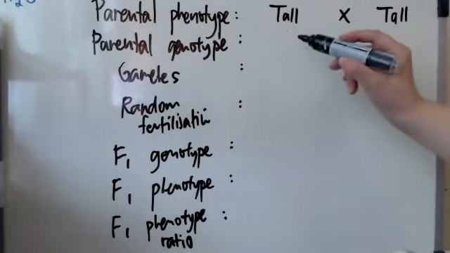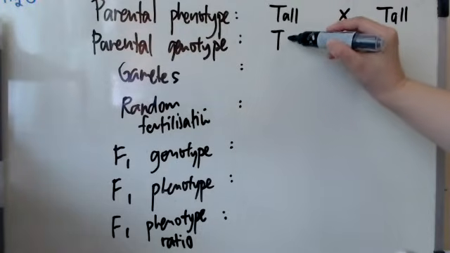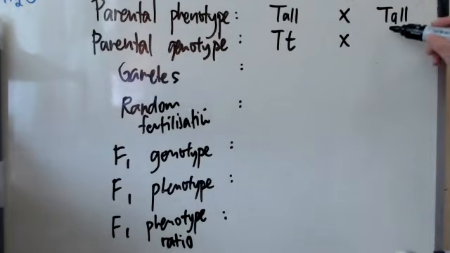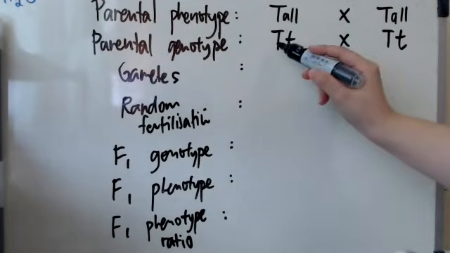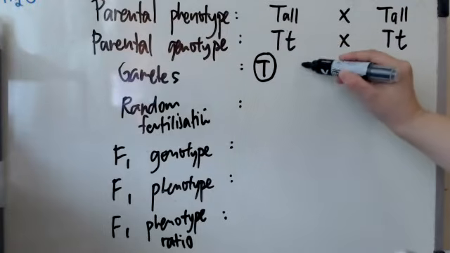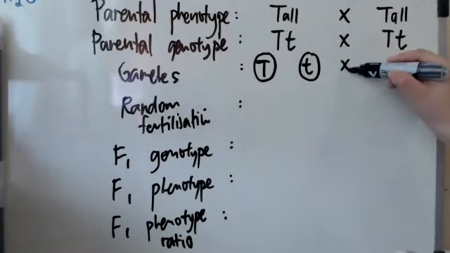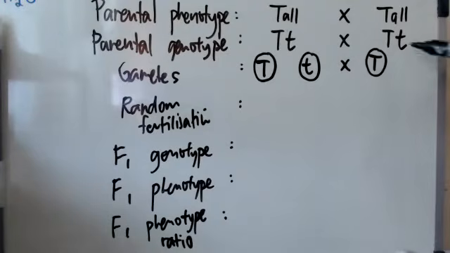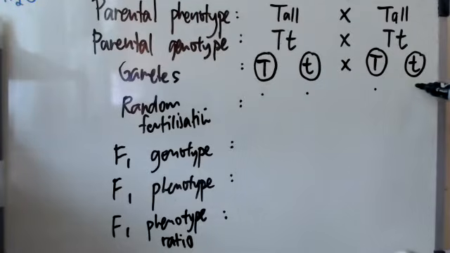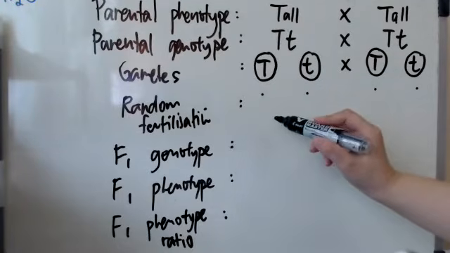The genotype for tall is capital T, small t. This is heterozygous. Crossed with a capital T, small t as well. The gametes in this case are split into 2: 1 capital T gamete, 1 small t gamete, cross with a capital T gamete and a small t gamete. So again, we're going to write 4 dots below each gamete and we start crossing them.